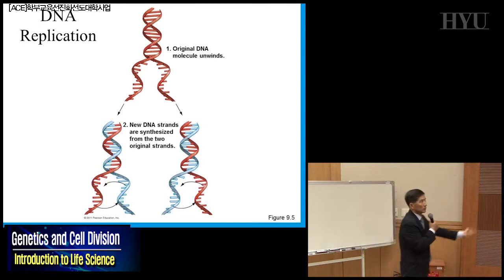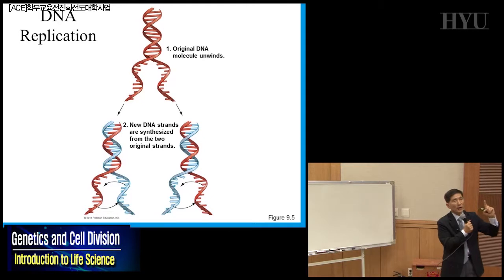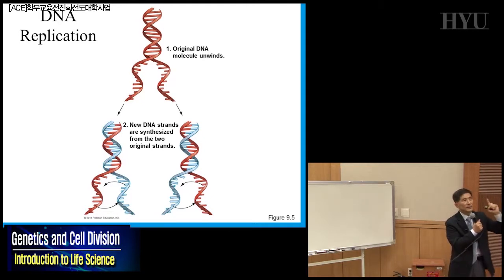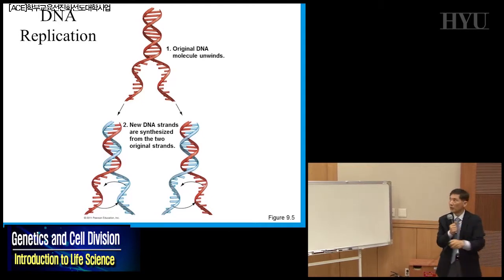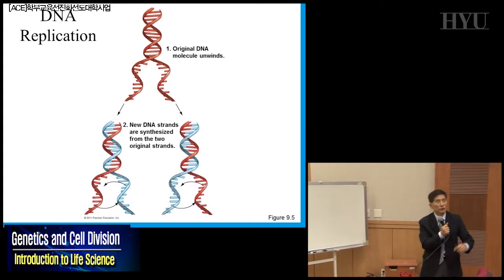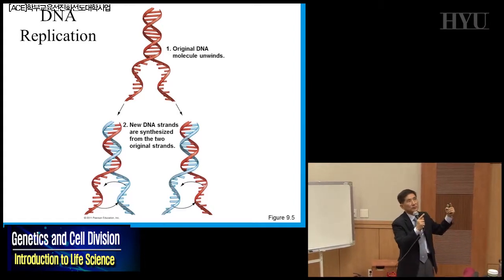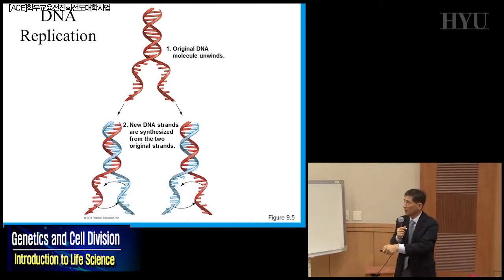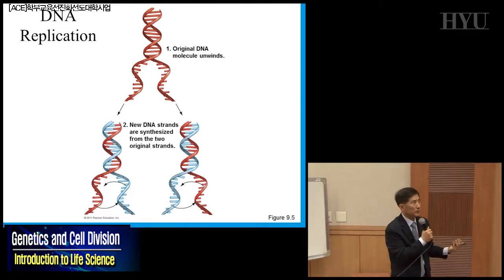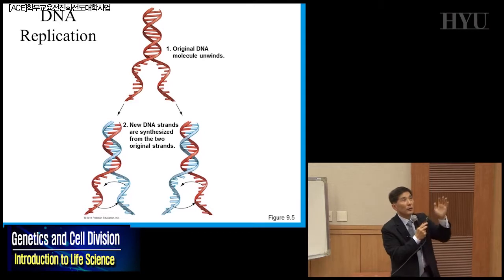The structure tells you how they can be exactly copied. It's a double helix, 2-strand DNA. You open it up, and each strand becomes a template. Template means you can make a copy of it. But you don't make an exact copy of it.